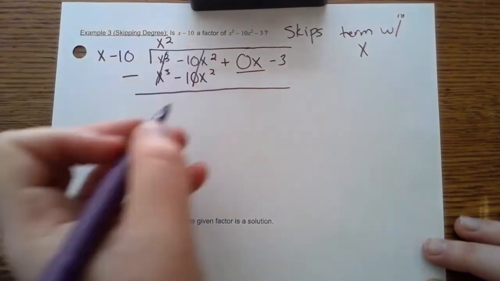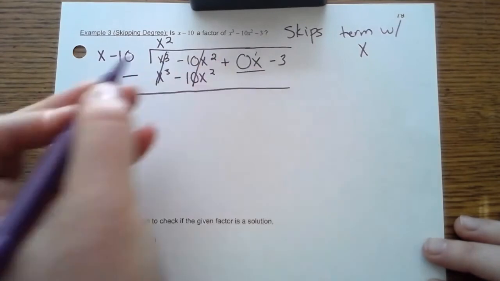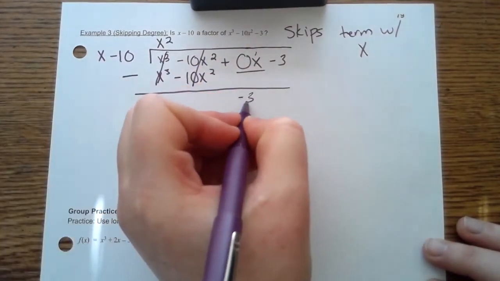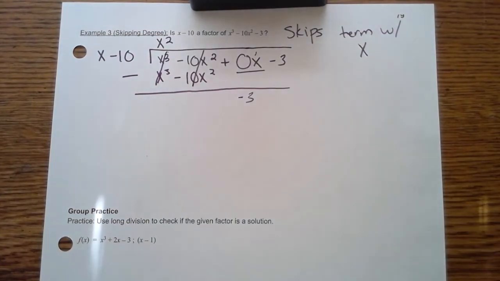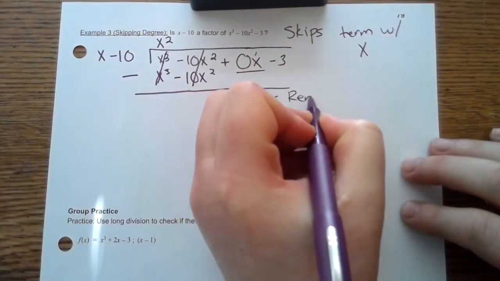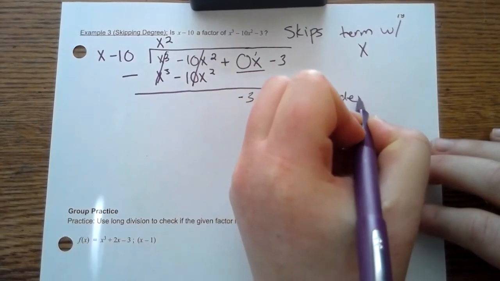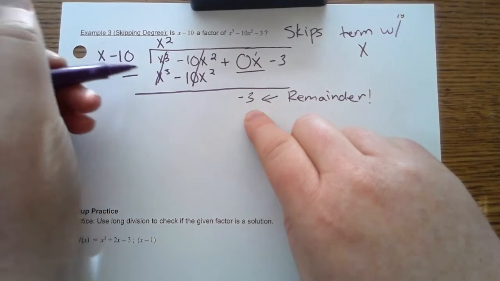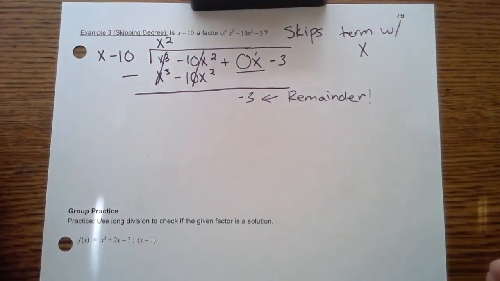So then I can't really do much with it because it's 0x. So then I just have negative 3 as a remainder. How do you know if it's a remainder? Well, I know it's a remainder because nothing times x will get me negative 3. Like I can't do anything.